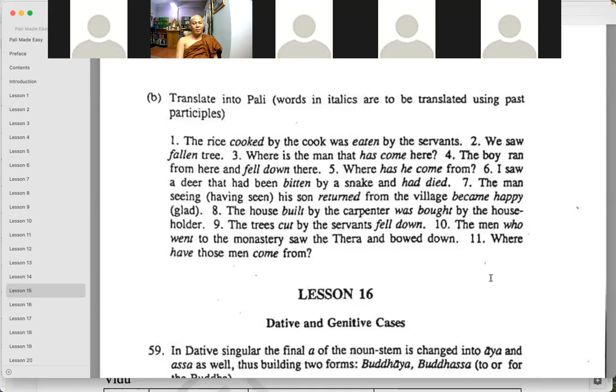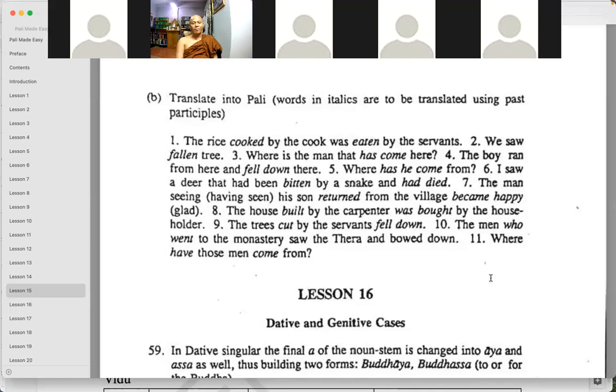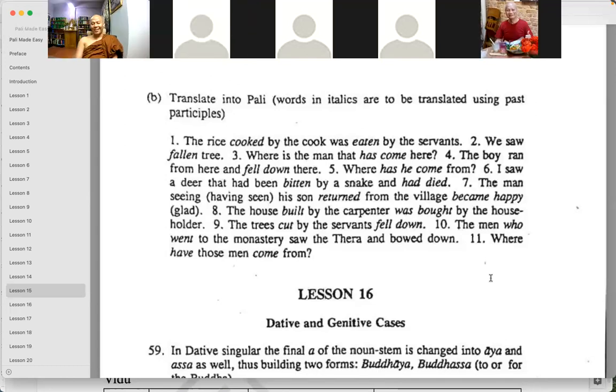Bante, fell down should be in italic, right? And how about patito?